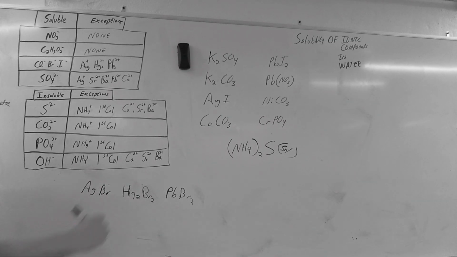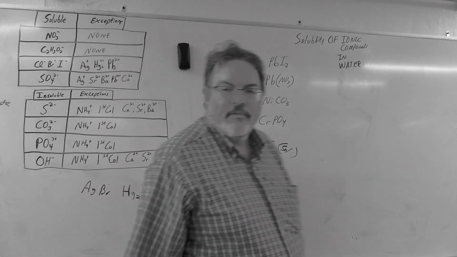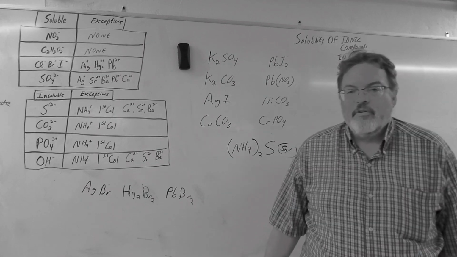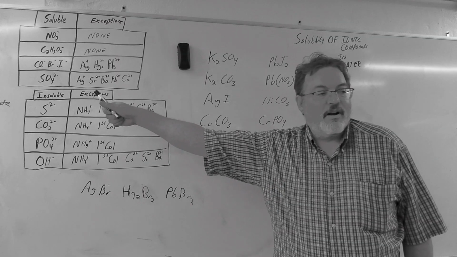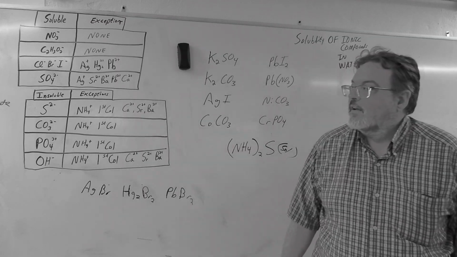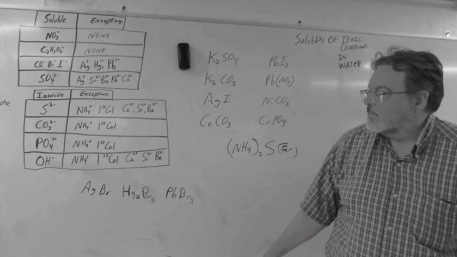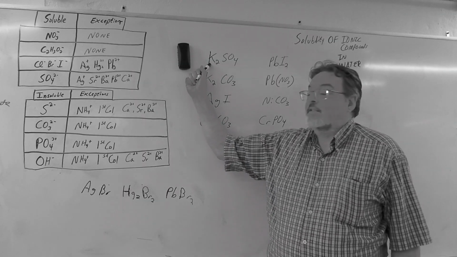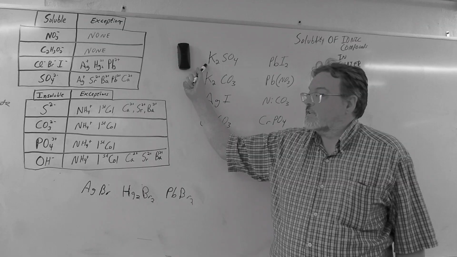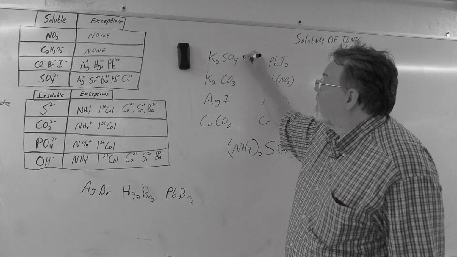Okay, so try it. K2SO4, is it soluble or not? For those of you on camera, I've got a little periodic table sketched over here, but anything in the first column of the periodic table is an exception. K is in that first column, so it's an exception. So this is soluble.